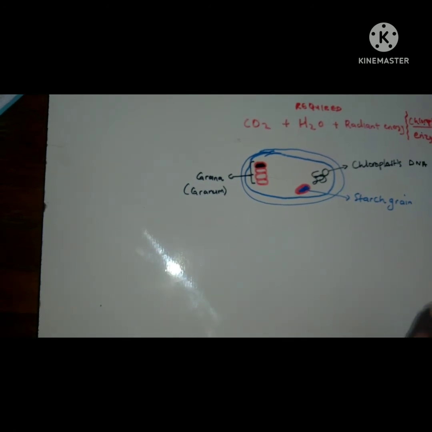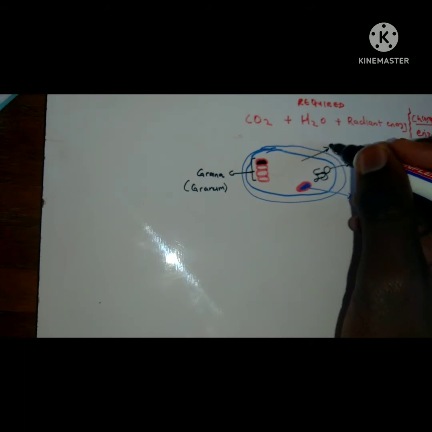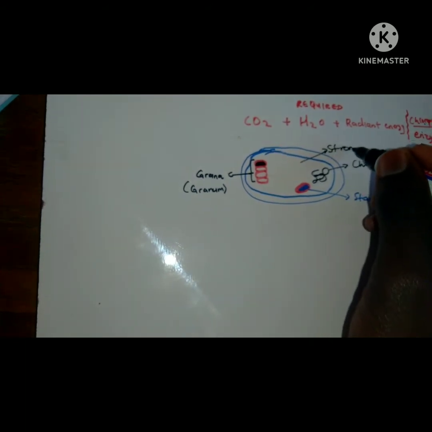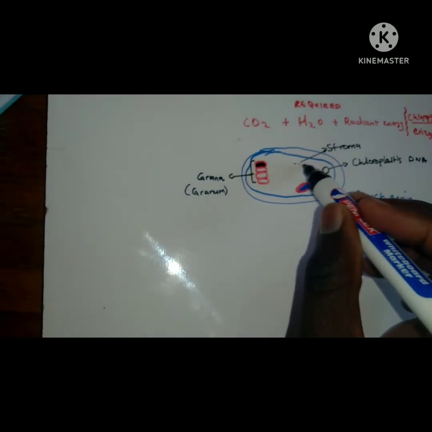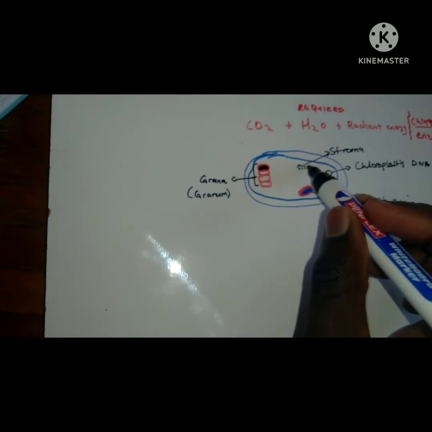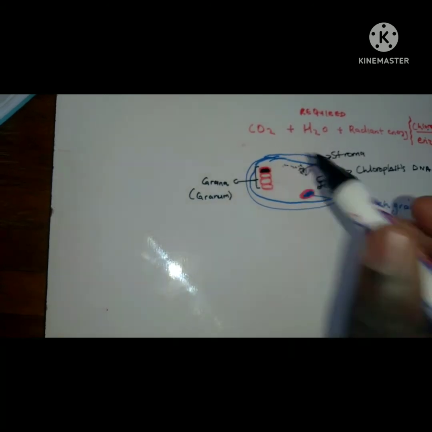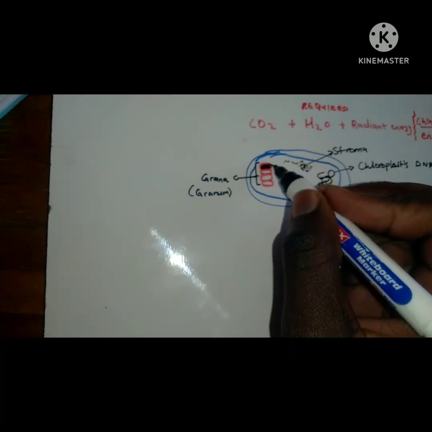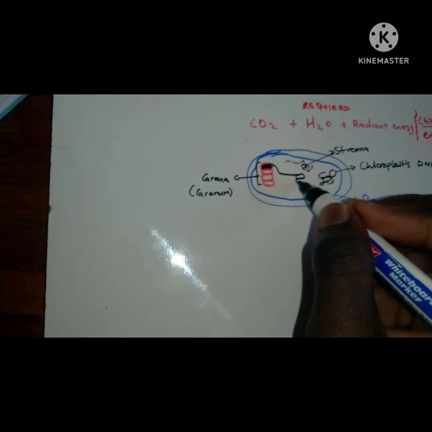And then we've got the stroma. The stroma is this part, this space. Whatever occupies this space, we call it a stroma, whatever occupies this remaining place. Then we've got many grana. It's not only one. We've got many grana here.